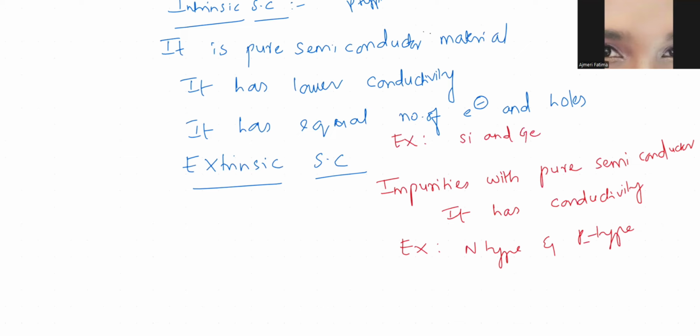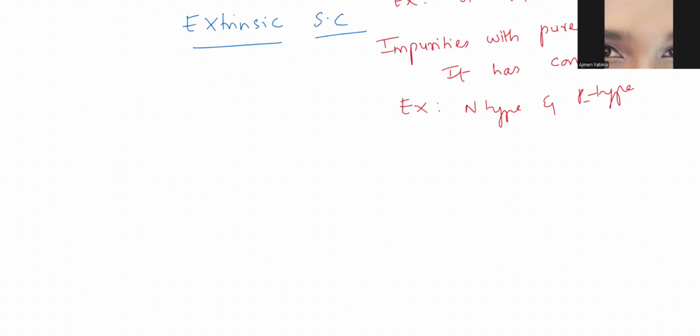Now we'll quickly move to what is PN junction. First, let us see what is N type semiconductor and what is P type semiconductor.